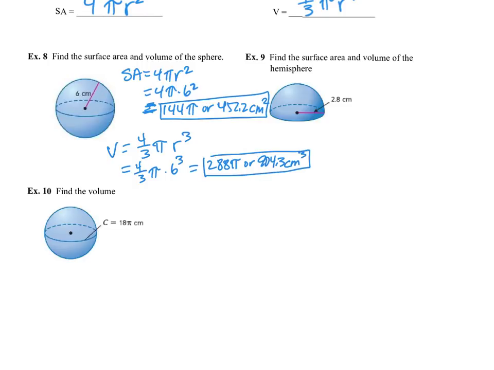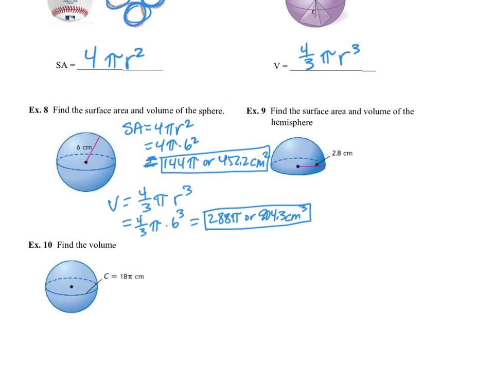All right, and then the next example, we're going to find the surface area and volume of a hemisphere. So that's just half of a sphere. To find the surface area and the volume of a hemisphere, we will just take half of these formulas, okay? So let's start with the surface area of this hemisphere. To find the surface area of the hemisphere, we're going to take 1/2 times 4 times pi r squared, or that would just be 2 pi r squared.